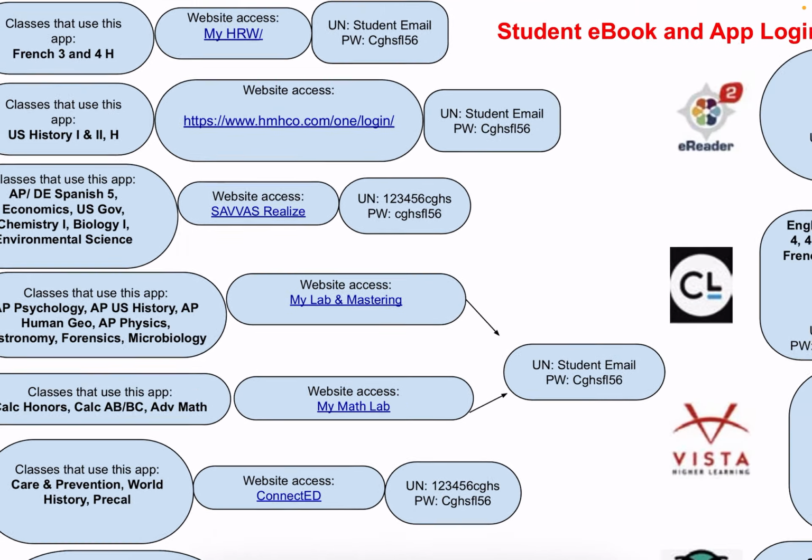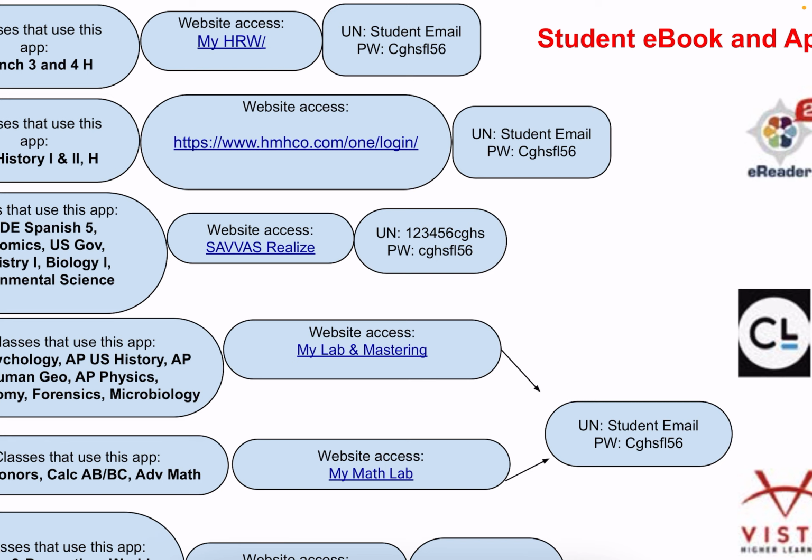Along with those, if there is a website that goes along with the application, because there'll be some of the textbooks that you'll be able to get through the application, and then there are going to be some that are web-based. But we will also include the website if it's web-based in here, so they are clickable links. And then we're also going to show you your username and your password.